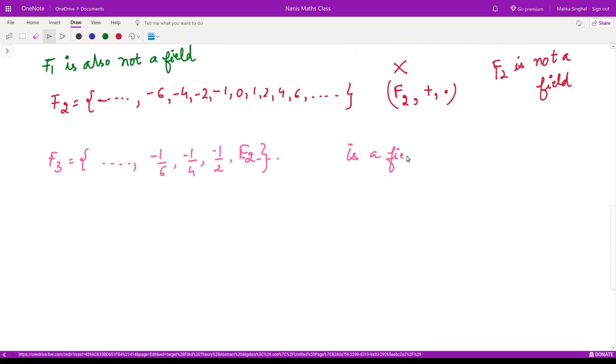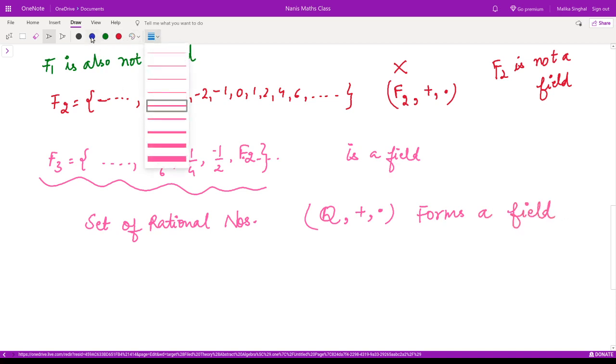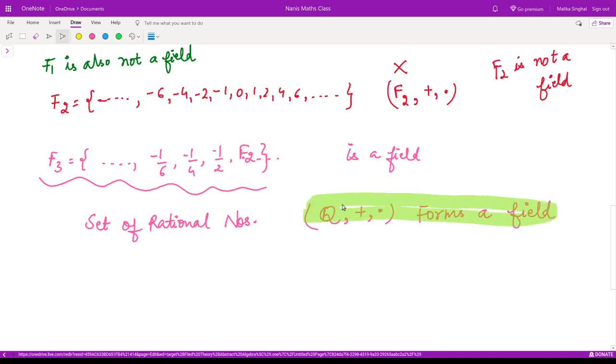And if you see closely, what is this set? This set is the set of rational numbers. So the set of rational numbers denoted by Q together with the operations of addition and multiplication forms a field, right? So now let us move on and look at another example.